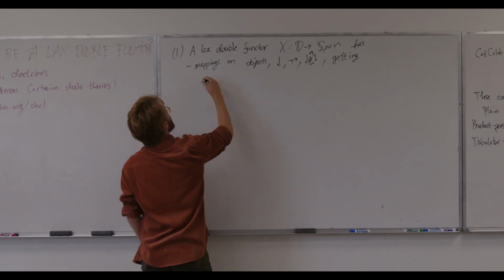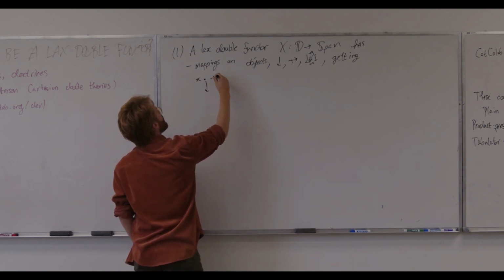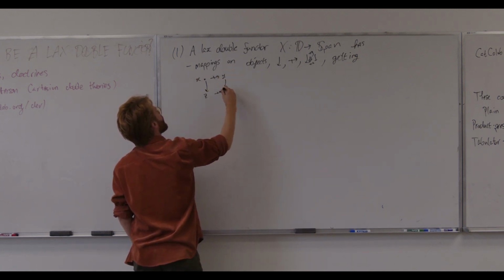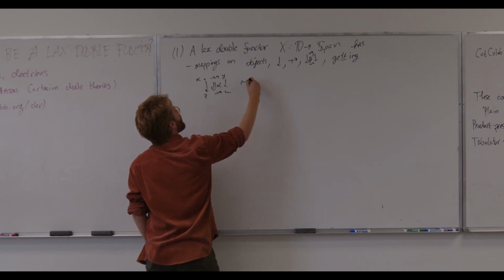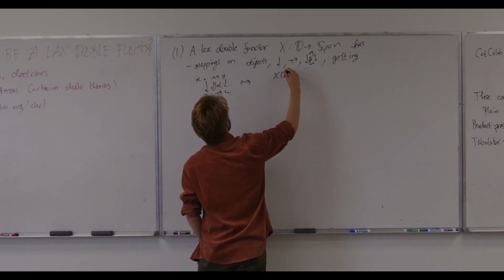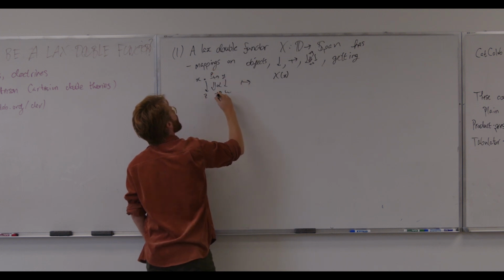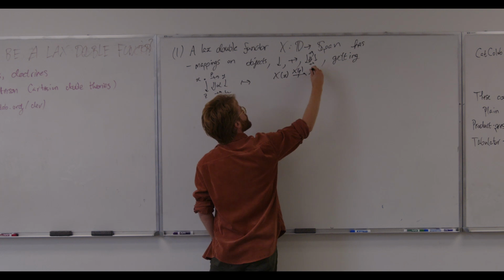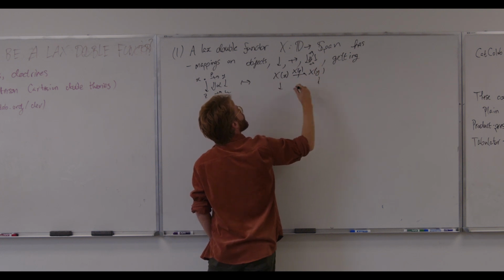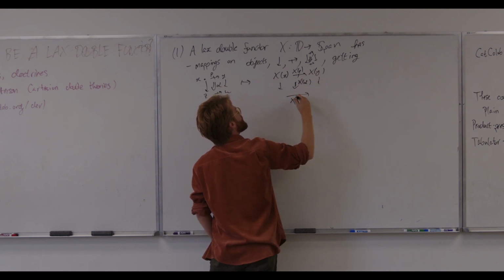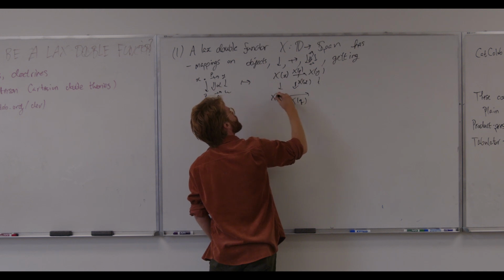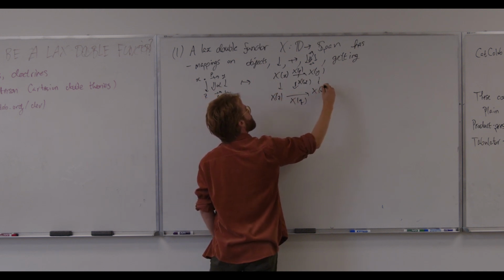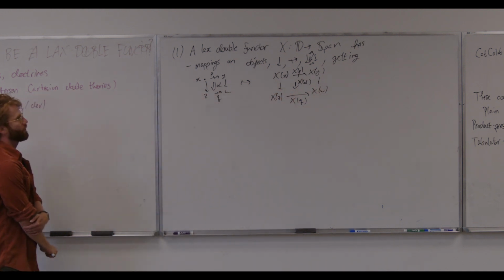So for instance, if you have a cell like this in D, then that's going to have an image in span. Remember, we've defined these horizontal arrows. That'll be an actual span of actual sets with a map between those spans, or maybe a containment between the relations if the spans happen to be relations. Okay, so that's a start.